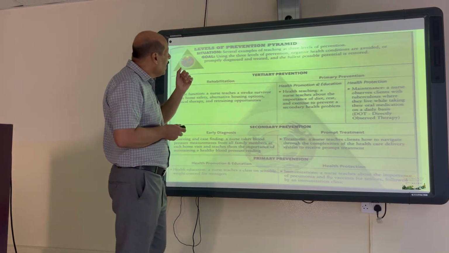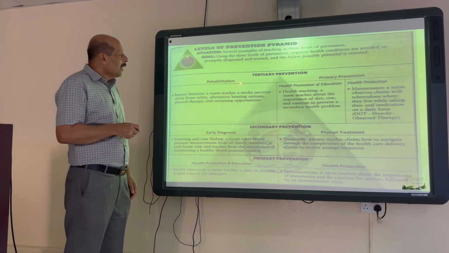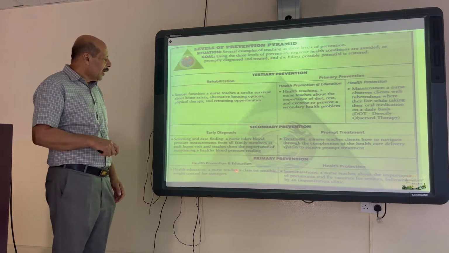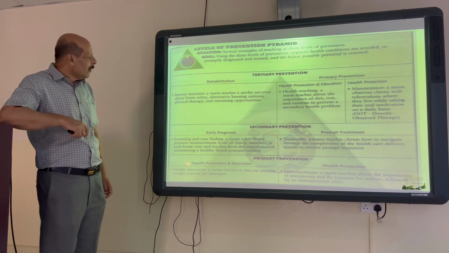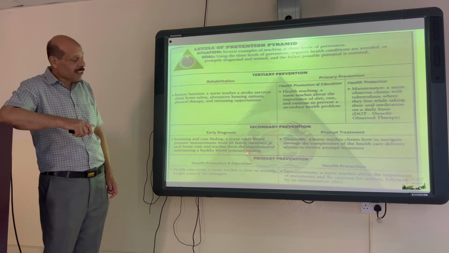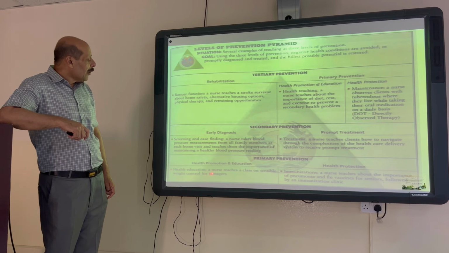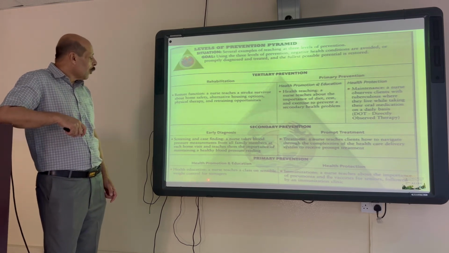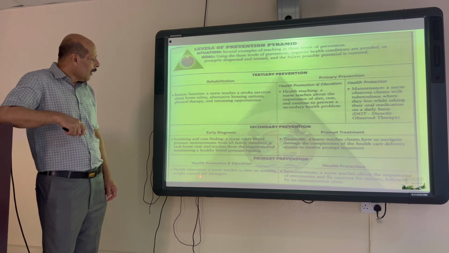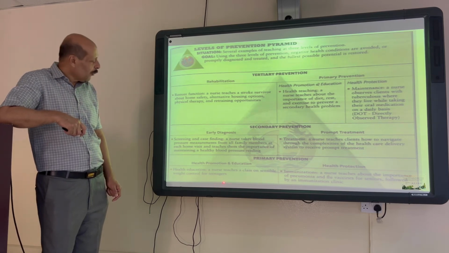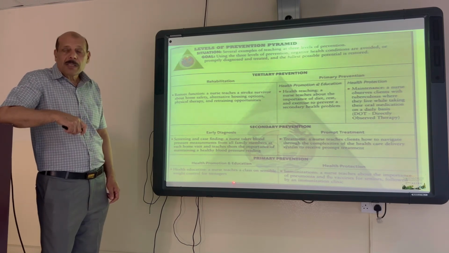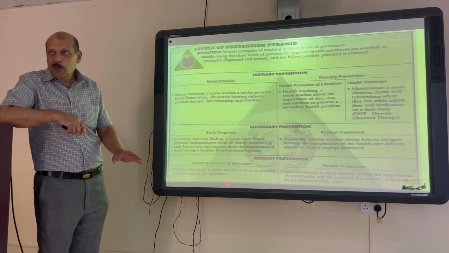So the level of prevention here, if we are coming to the primary level of prevention, it concentrates, as we said, on health promotion and health education. So health education and the nurse teaching a class on weight control according to their age, for a teenager. So still we are at the primary level, so we are teaching.